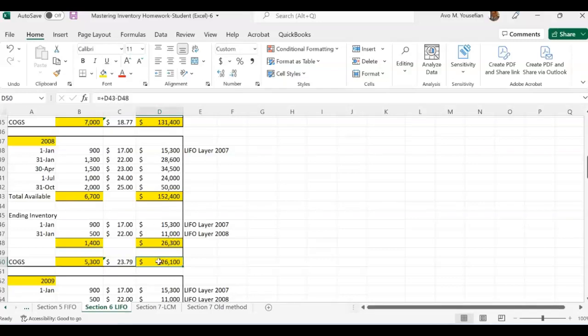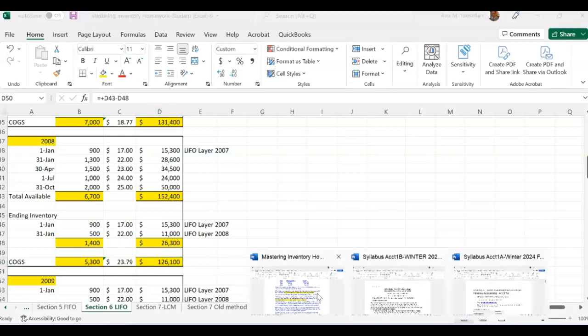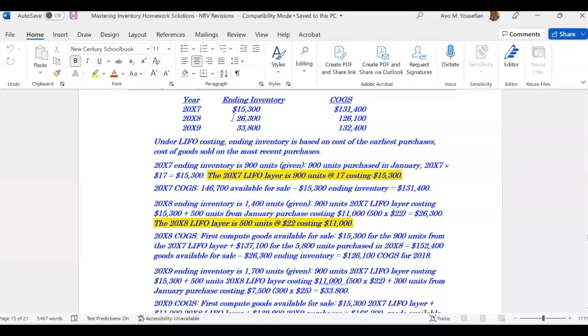And that's the formula for that calculation. So cost of goods sold, 126,100. Ending inventory, 26,300. And if we check that right there, 26,300, and cost of goods sold, 126,100.